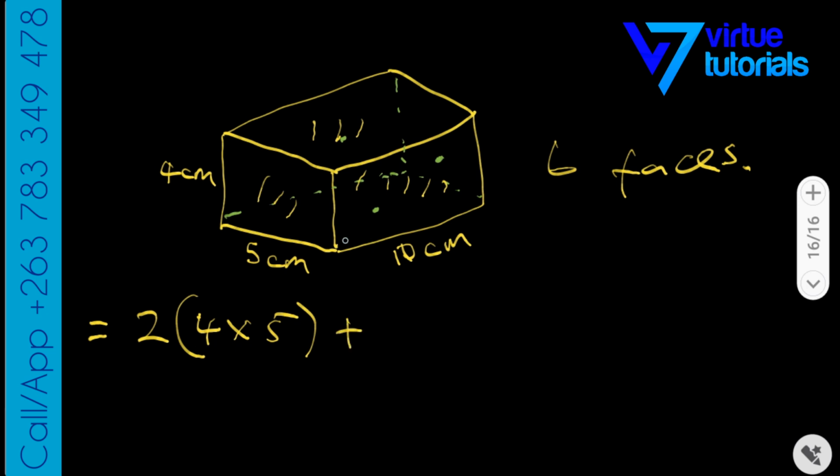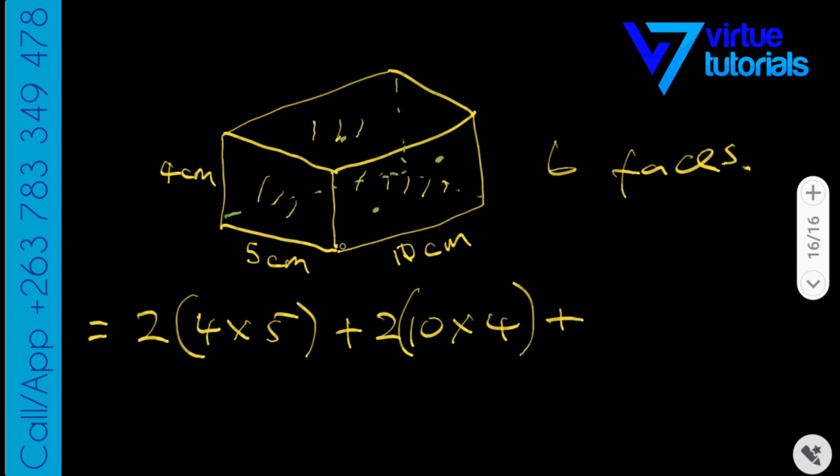From there, we can calculate the area of this face here, which is 10 and 4, so this is going to be 10 times 4. But again, this face in front is the same as the face at the back. So instead of calculating these two areas separately, we can calculate it once and multiply by 2 to show that there are 2 faces which have that area.